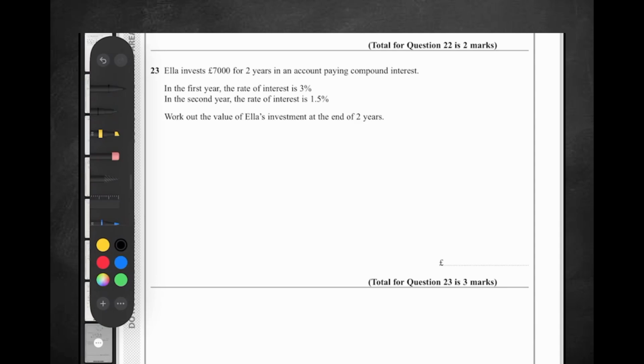So, look at the first year. It's going to be £7,000 times 1 plus 3%, which is the same as saying 7,000 times 1.03. Put that in my calculator. 7,210. I'll just put here first year.